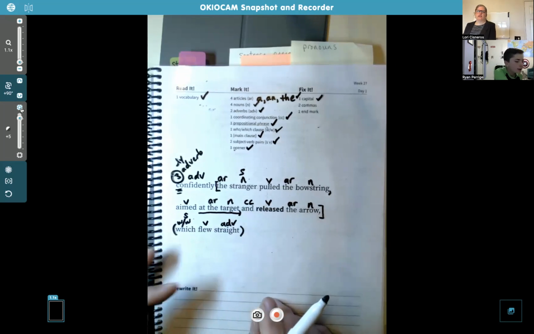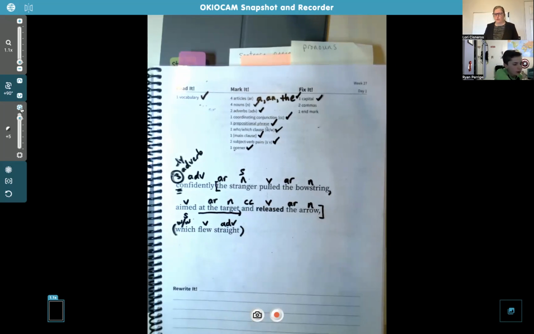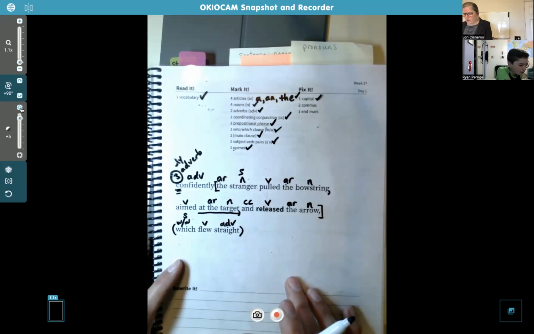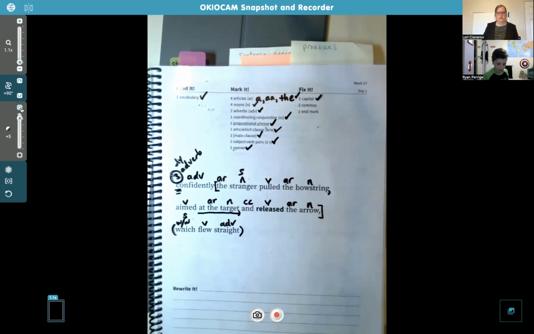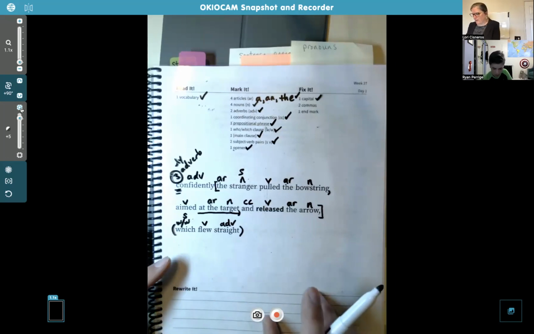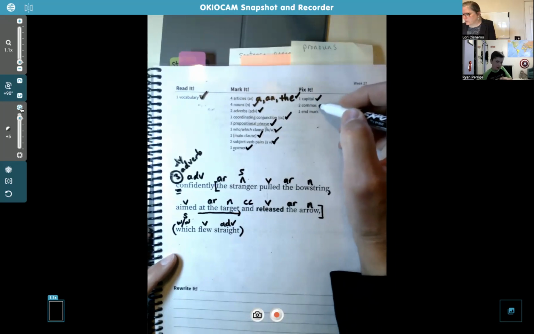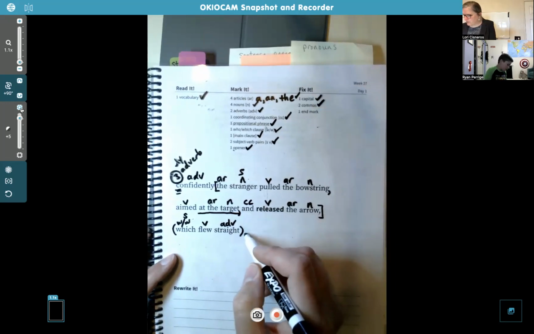So anytime you have a list of 3 verbs or 3 nouns or 3 adjectives, that's the magic number 3. That's when you need commas between. So it was a good guess to put it right after the adverb, because sometimes that is a place where you typically want to pause. But in this sentence, there's no need for one there. It's more about the list of verbs. So that's that. And then the end mark is a period.